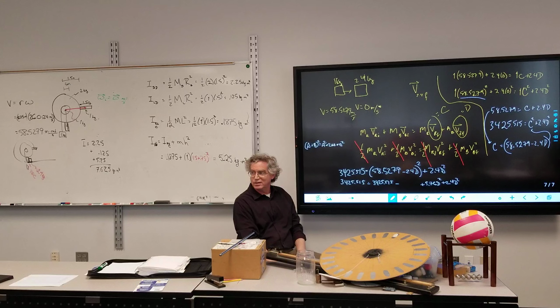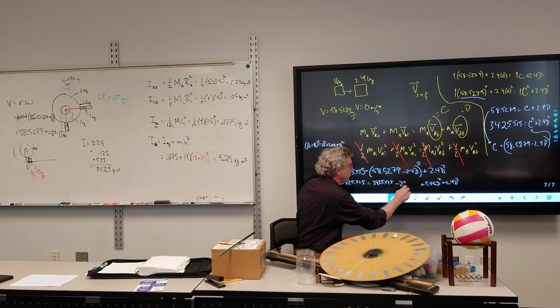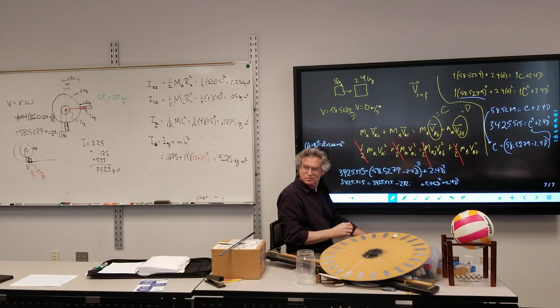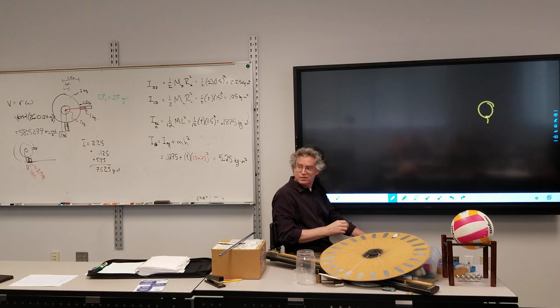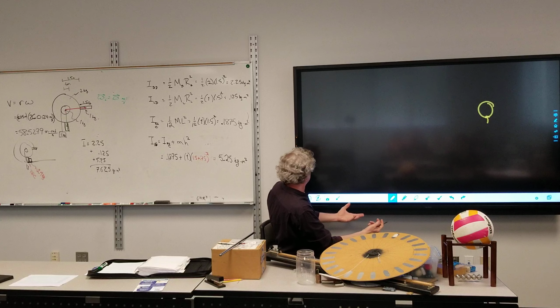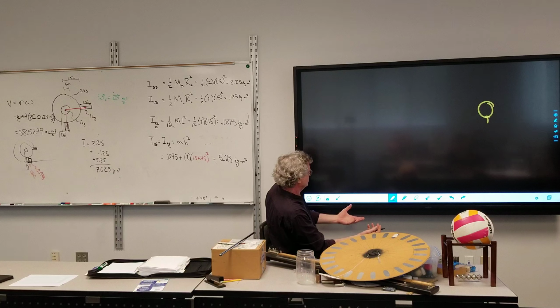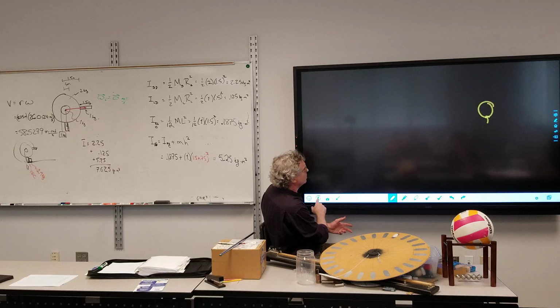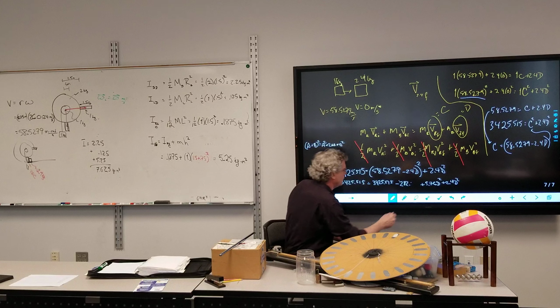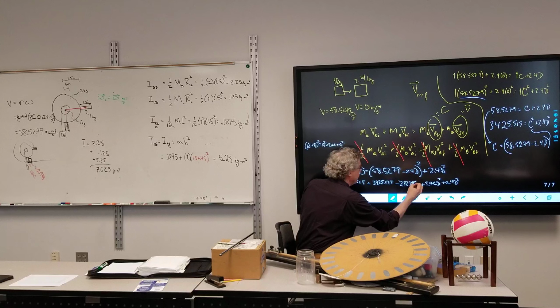I did 2 times both of them, and I just added them together, which would definitely mess it up. So negative 282.1045D.